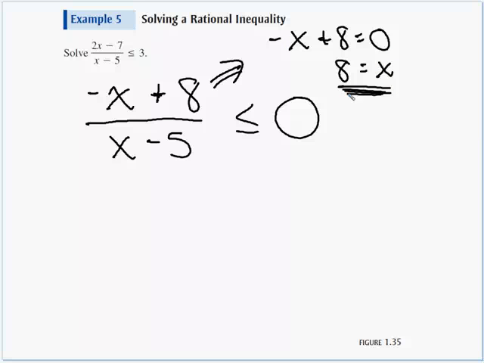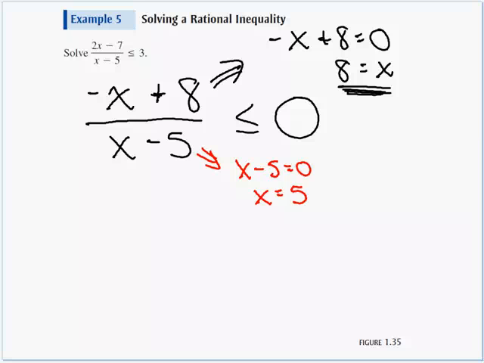X equals 8. That is one of these critical numbers. The other one is where the denominator equals 0. This is where the whole function would be undefined. So if I set x minus 5 equal to 0, I get x equals 5. So there are the numbers that are going to chop up our number line.